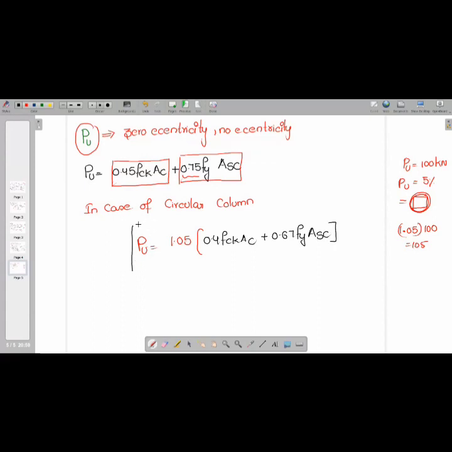So here the ultimate load is given by the formula: 1.05 into 0.4 fck Ac plus 0.67 fy As.